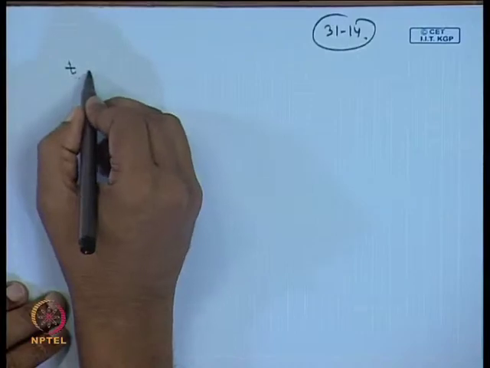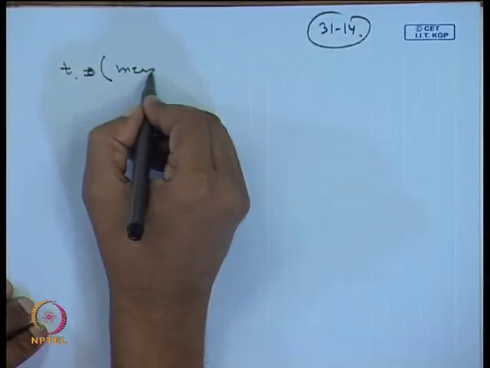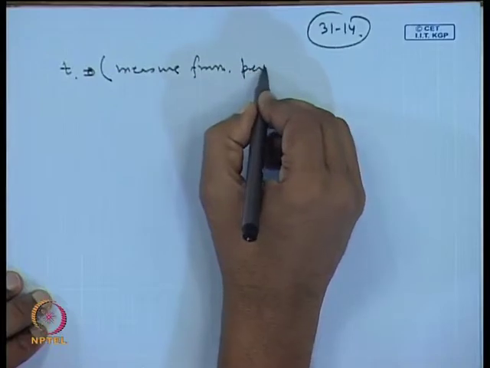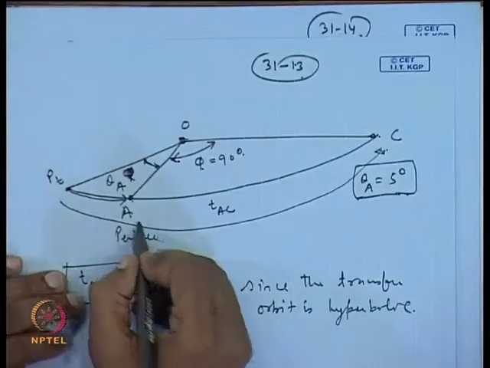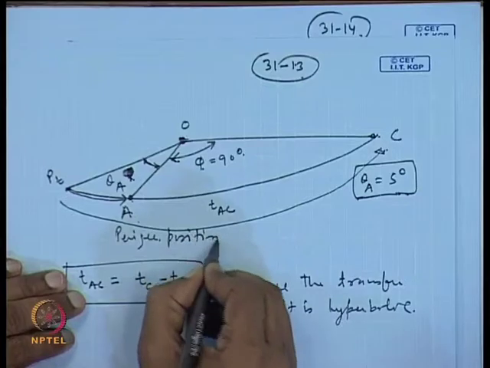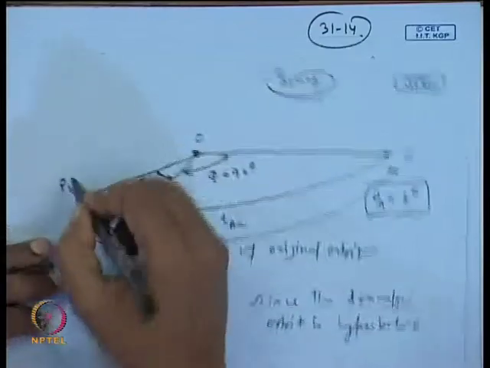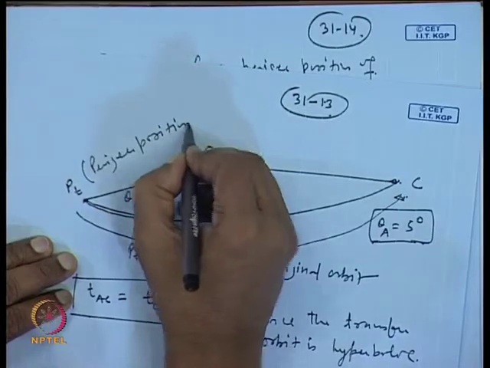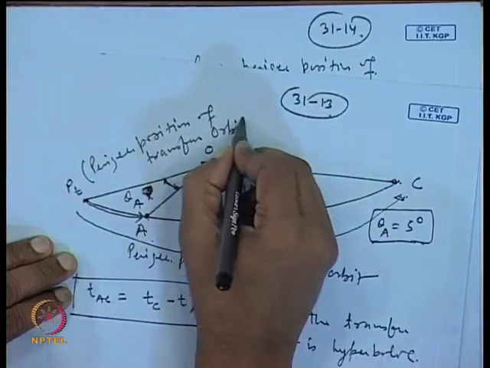So, T for hyperbola, T being measured from perigee position. A is the perigee position of the original orbit, while P_t is the perigee position of the transfer orbit. Okay.